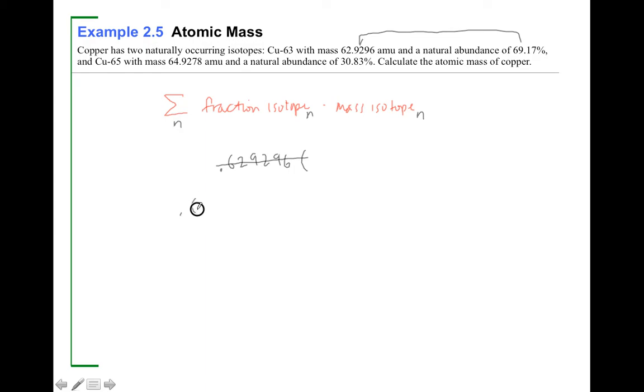So it's 0.6917 times 62.9296 plus the other fraction, which is 0.3083 times 64.9278. Okay, so let's do this in our calculators.